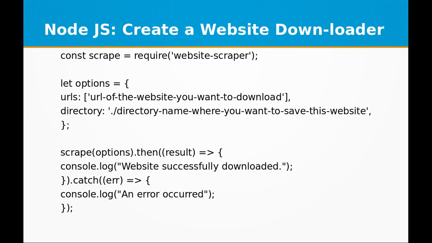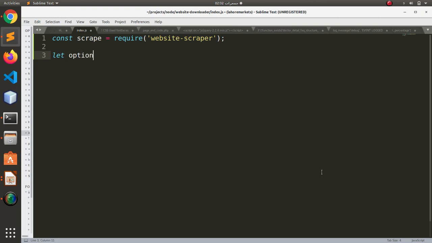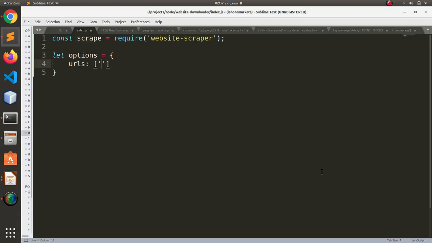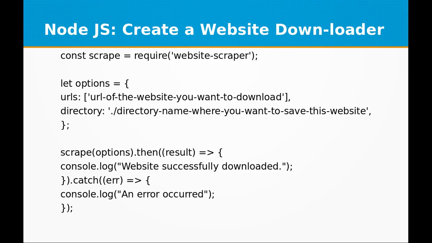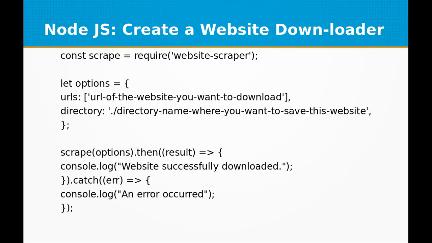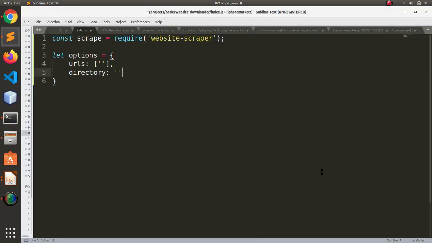Okay, the second thing we are going to do is define some options, and within that options we are going to provide URLs which we want to download. This we will add in a moment. And the second important thing is a directory in which you want to download the project in your computer.